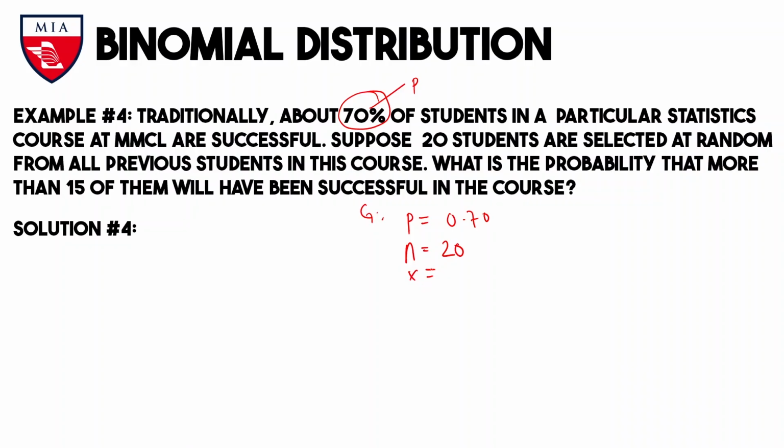Based on this problem, we need to find the probability that more than 15. So we will find the values of numbers more than 15 up to 20. So we have 16, 17, 18, 19, and 20. So we have 5 x.